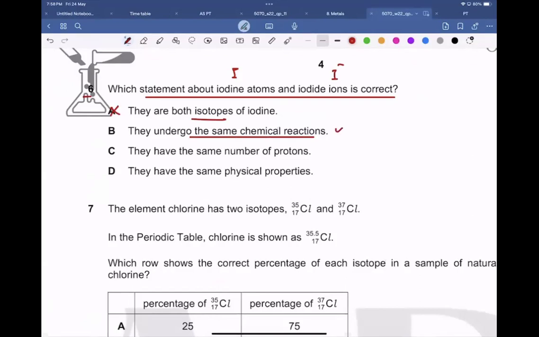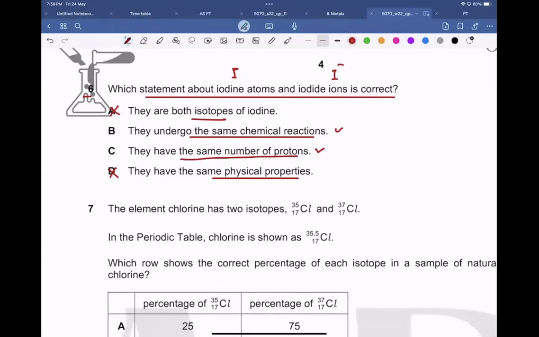Yes, it can be. They have the same number of protons. Yes, whether it's iodine atom or iodide, ions have the same number of protons. They have the same physical properties. No, they don't have the same physical properties because when it turns iodide, it shows colorless.